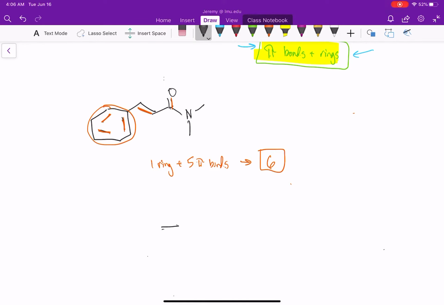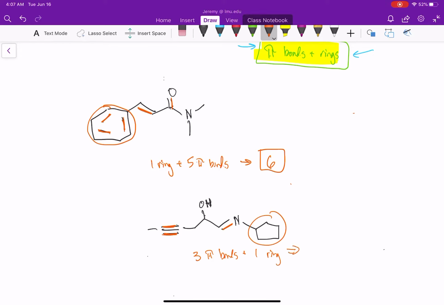If I took a structure like this, here we have an alkyne. Let's add an OH here. We'll say we have a double bond to N. And then let's add a 5-membered ring here. If we look at this structure, we have one ring, one pi bond, and a triple bond has 2 pi bonds, so we have 3 pi bonds plus one ring.